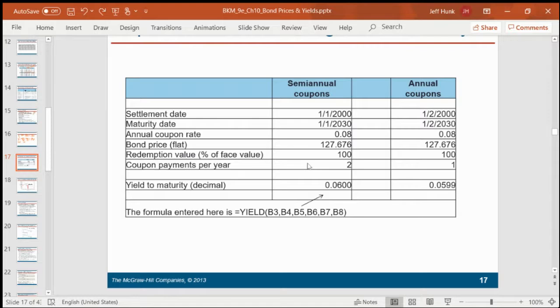But if the future values are all the same and present values are also the same, then the higher the compounding frequency, it should take less interest rate to get to the same future value. So based on that logic, shouldn't this have a lower yield to maturity? Shouldn't this have higher yield to maturity? Although the difference is very minimal.